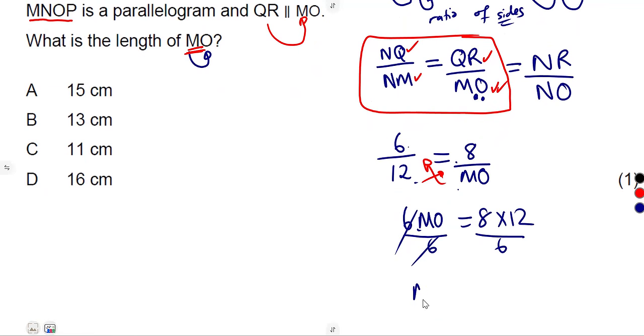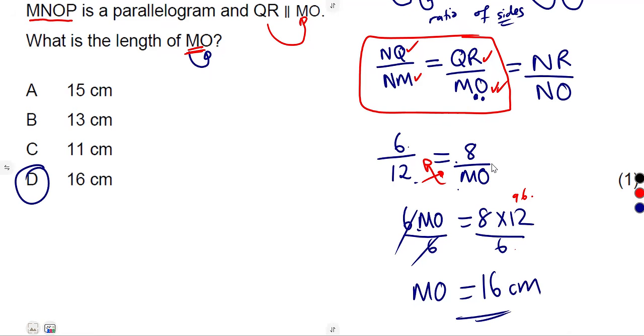So MO is 8 times 12, which is 96. Then 96 divided by 6 is going to give us 16 centimeters. Or you can just use your calculator directly. So 16 centimeters, that is the best answer, which we are going to consider as D.